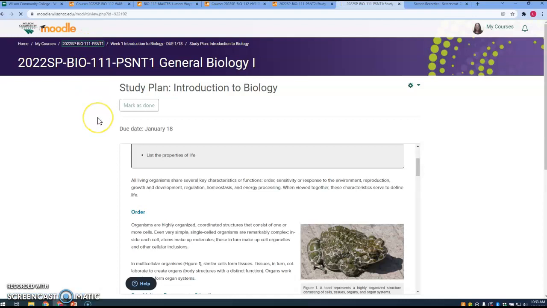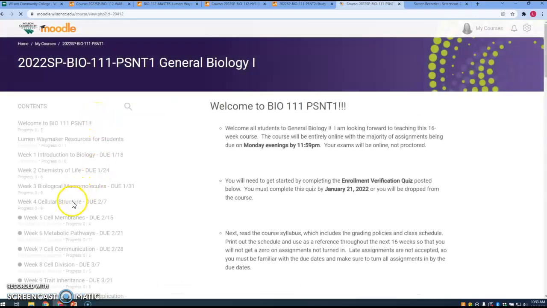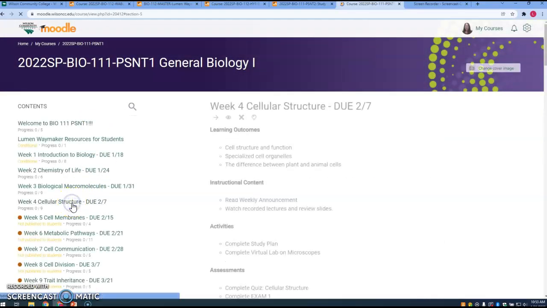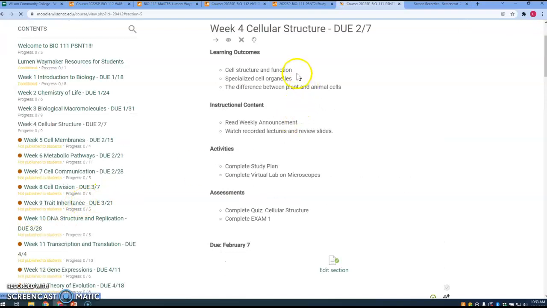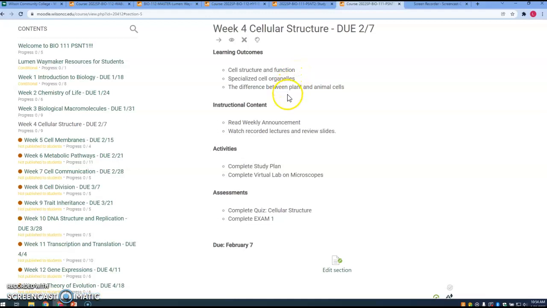The other thing for this week that I wanted to talk to you about is the week 4 assignments. Learning outcomes are cell structure and function, specialized cell organelles, like the nucleus and the mitochondria, and then the differences between plant and animal cells. For example, plant cells have a cell wall and animal cells do not.